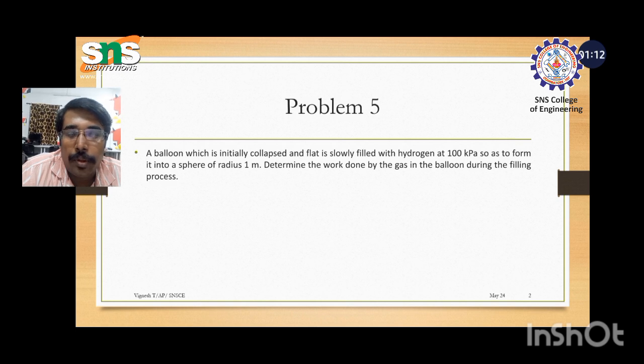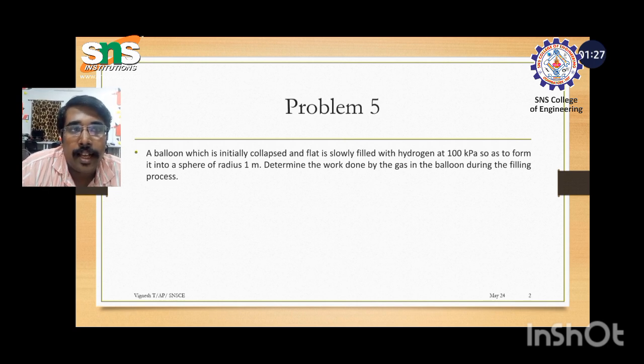This is a simple problem where initially the balloon is very flat, so you have to consider the sphere radius at the initial stage as 0 meter. Once you fill the hydrogen gas at 100 kilopascal, the balloon's volume increases, and the sphere radius comes to around 1 meter.